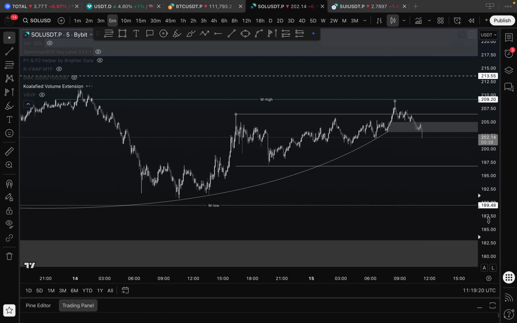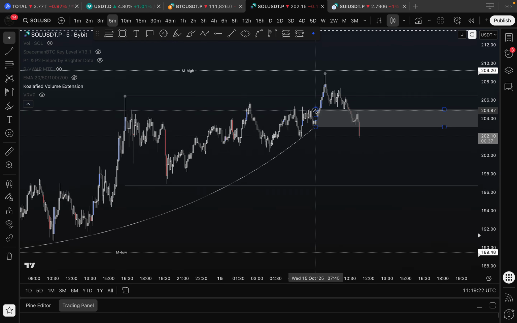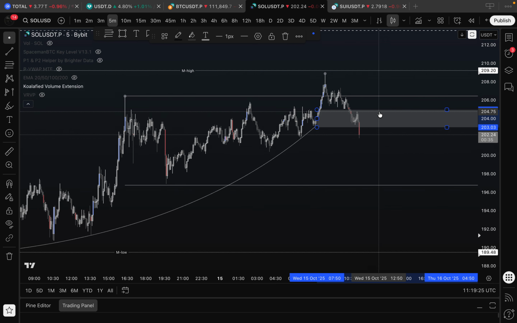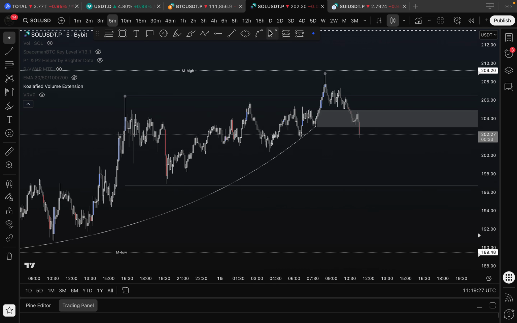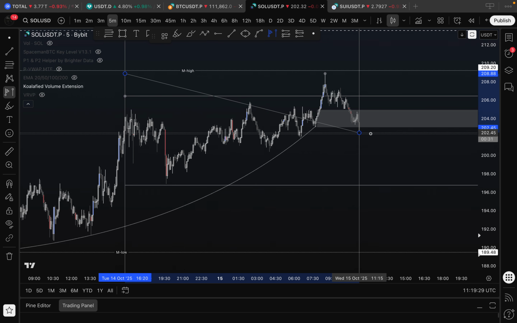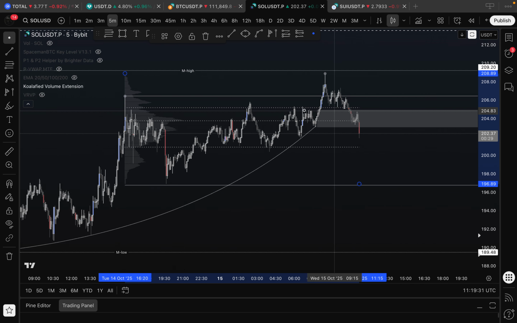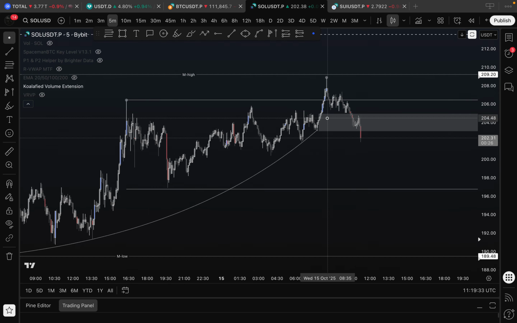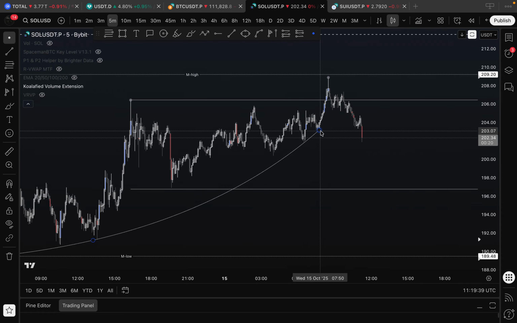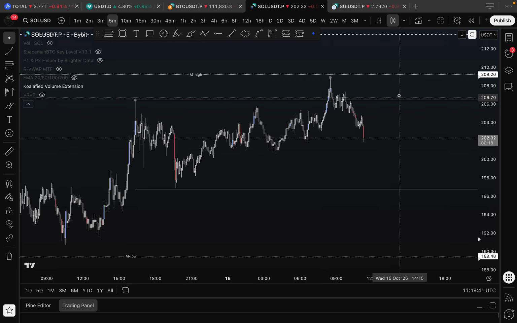But what price had before was that we had a demand right there. And it was also defended by the value area high right here. So I wanted to see price come into this demand, mitigate it, and then look for shorts. Right now that demand is gone, so I'm gonna be looking for shorts, but price should not move much lower.